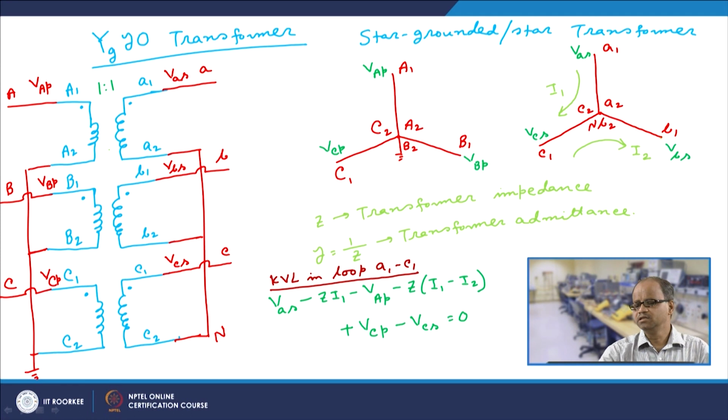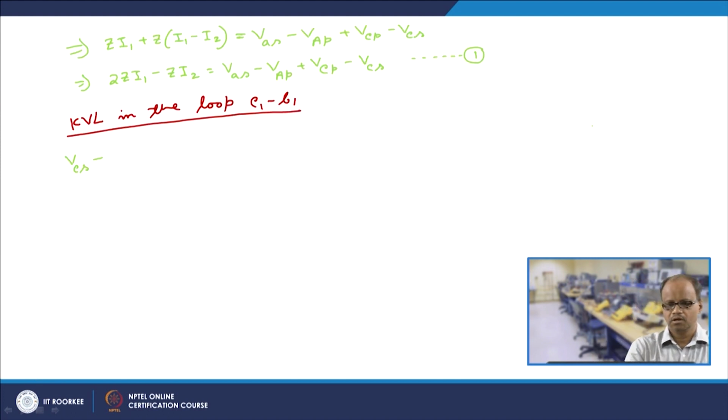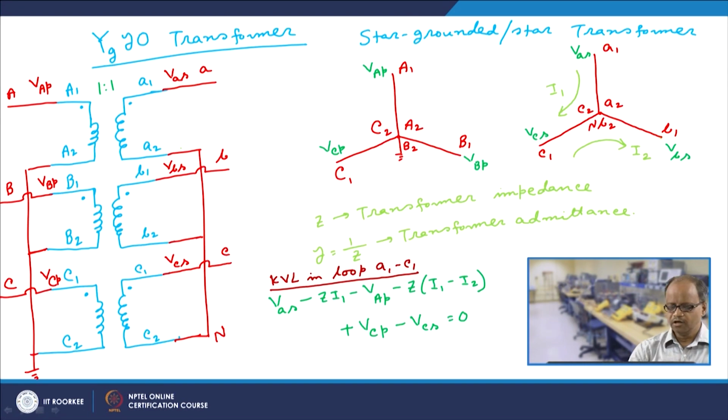Then the current in this direction is I2 minus I1. So, the drop due to the current in this direction is Z into I2 minus I1. Then there would be a drop due to the reflected voltage of phase C here. This reflected voltage is also from this point to this point.